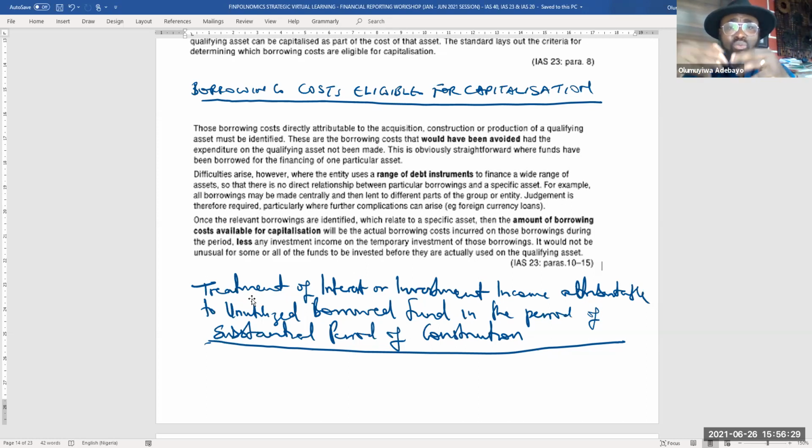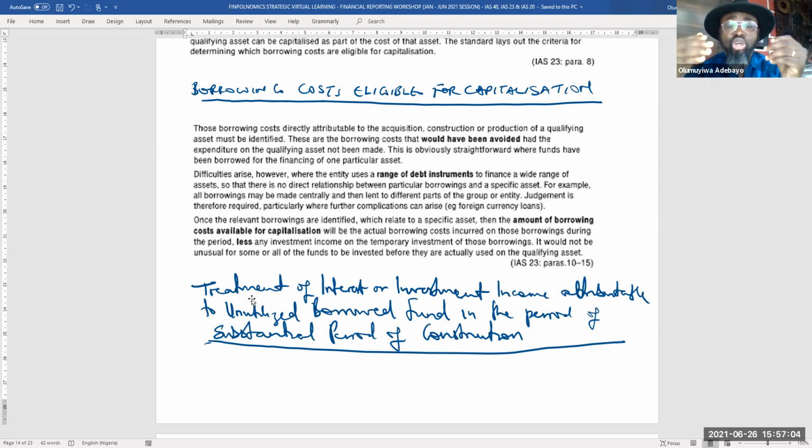One of those corporate finance strategies is that you can't keep idle funds because there's a cost to it, at least the cost of borrowing. So you try to reinvest that fund, pending when the next phase will come, in which you now release further funds. And the question then is: the income arising from the interest or investment from such reinvested fund, how do you treat it?